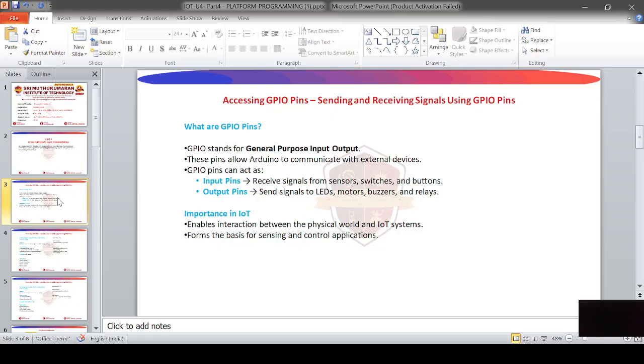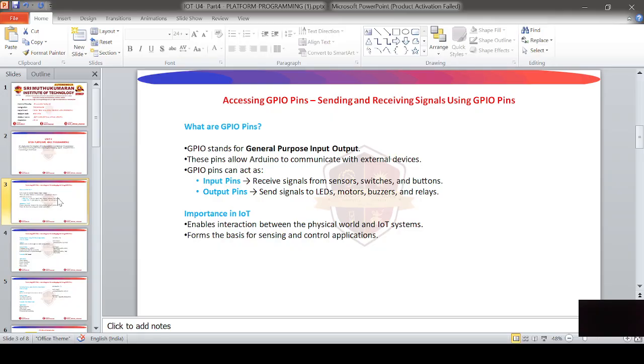GPIO pins can act as input pins, meaning they receive signals from sensors, switches and push buttons. Output pins are meant for sending signals to make an LED glow, motors run, buzzers make sound, and relays operate.